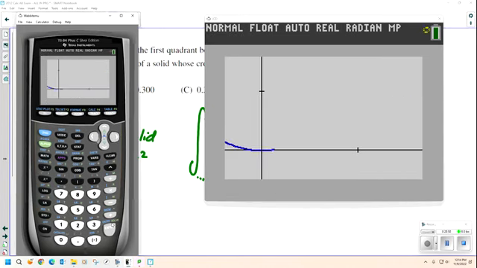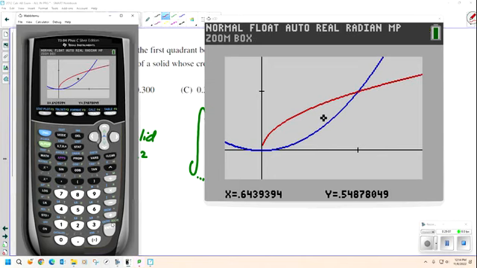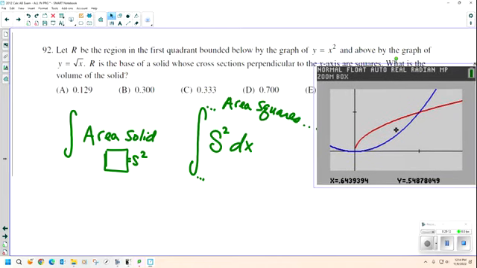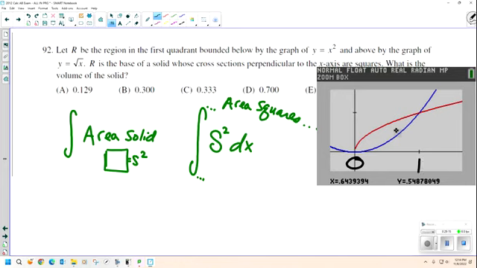And there we go. This is x squared, and red is the square root of x. We've got that little spider dude hanging out in the middle there. So my bounds are going to be from 0 to 1. In fact, we can start a new integration here from 0 to 1.